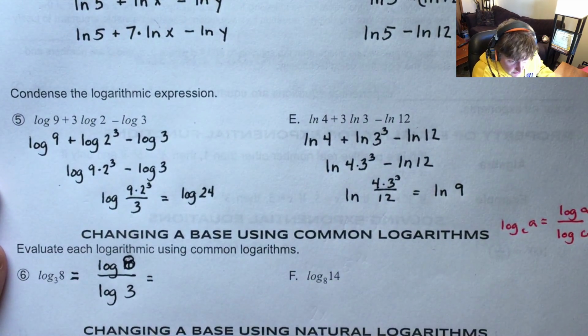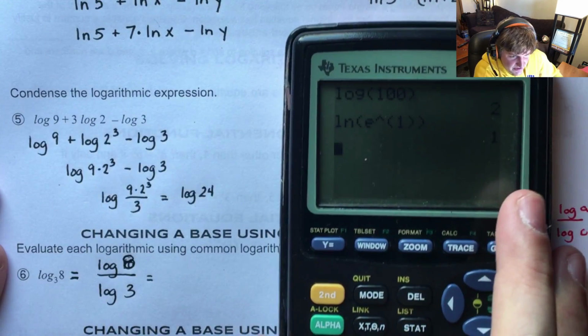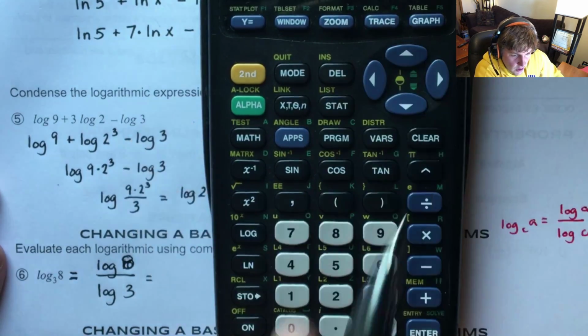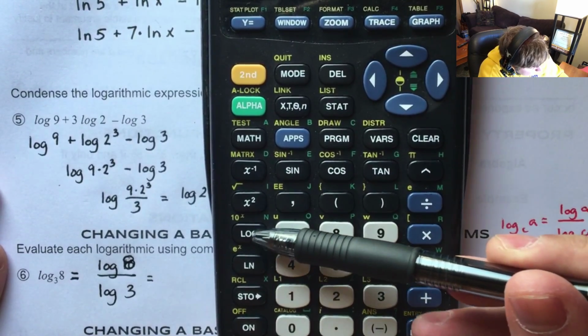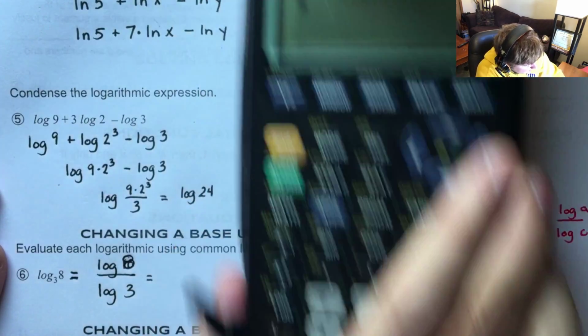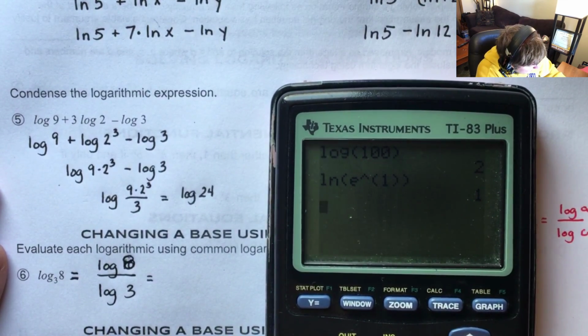Okay, so basically what I can do is just take my calculator now at this point. And again, we're doing log base 10 here, so we're going to use the regular log button. Okay, so log base 10 of 8 divided by log base 10 of 3.